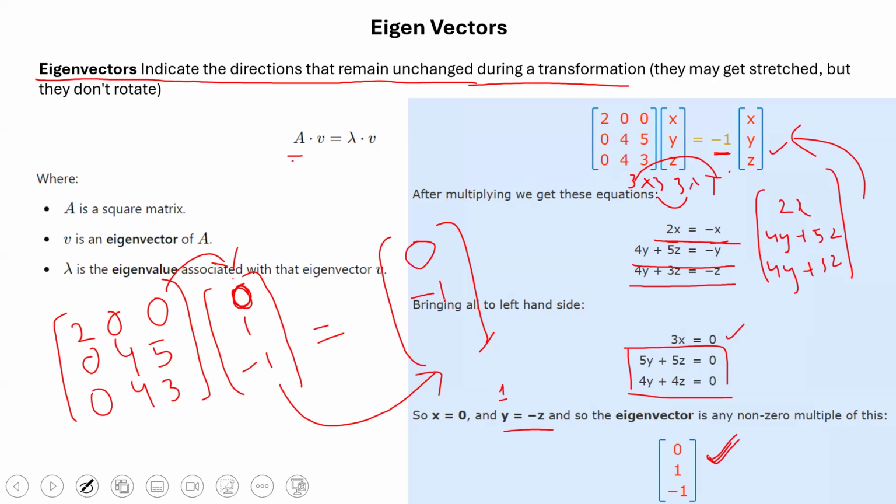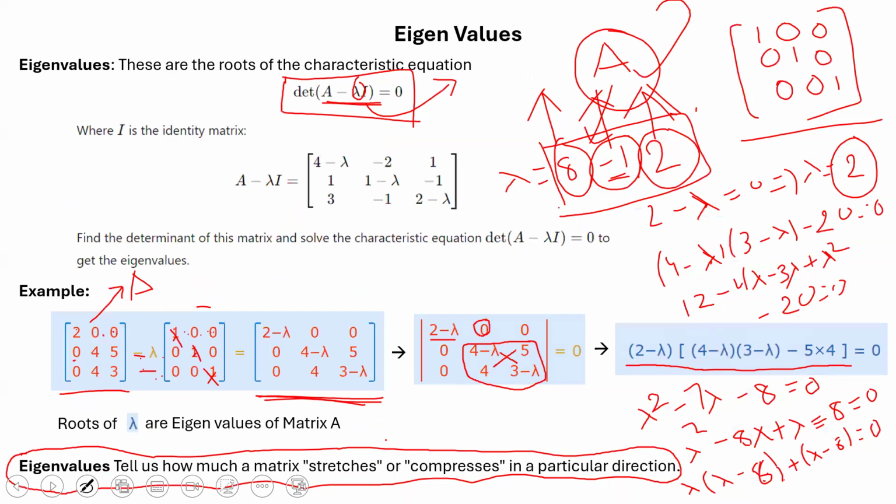And 0 into 0 is 0, 4 into 1 is 4, minus 3, which is equal to 1. Now if I apply lambda equal to minus 1, this becomes plus and this becomes minus. Look at this: both vectors are the same, but it got scaled by minus 1. So minus 1 is just the eigenvalue. Minus 1 is one of the eigenvalues.